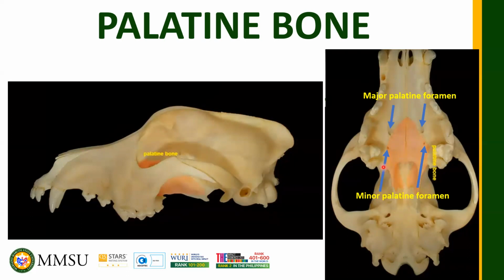In terms of the minor palatine foramen, that is at the rear part, closer to the rear of the hard palate. Likewise, it serves as a passageway for the lesser palatine nerves and blood vessels. Okay? So that is what they do. These two are just passageways for nerves and blood vessels.